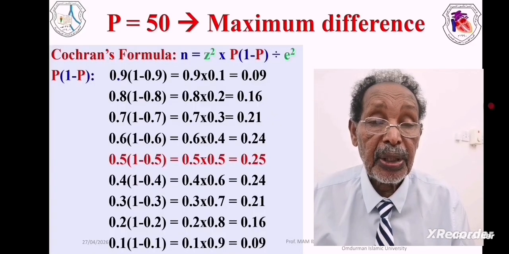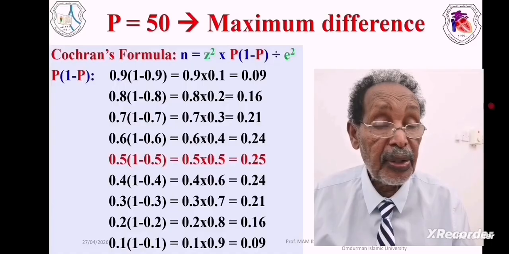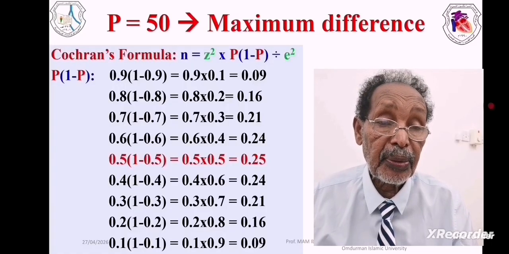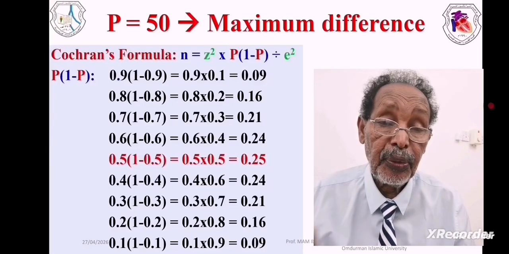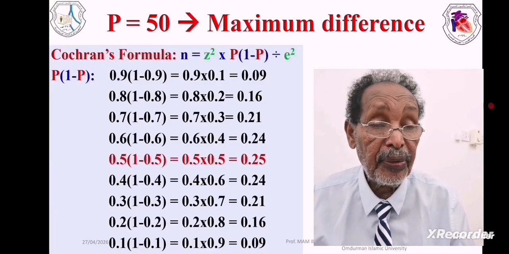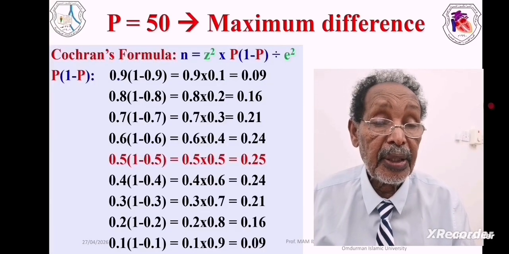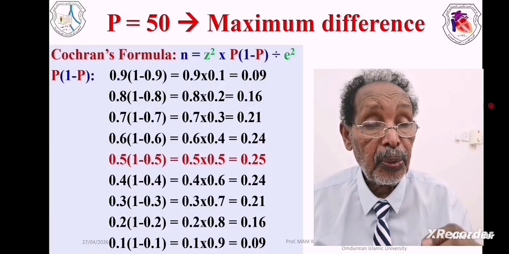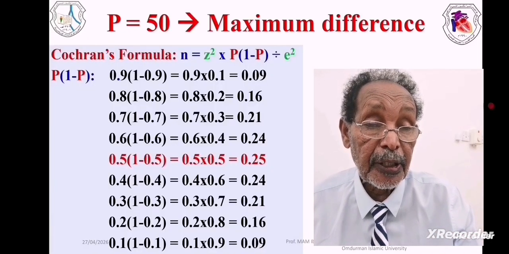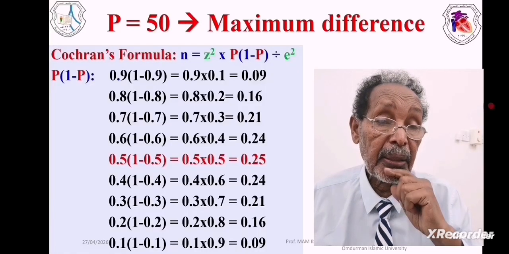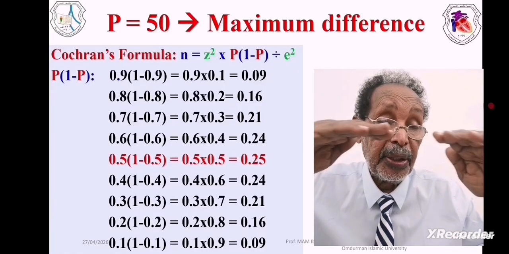If we use 0.6, that is 60%, the result will be 0.24. If we use 0.5, that is 50%, the result will be 0.25. It is the biggest, up to now it is the biggest. It is the biggest number, and it is in the top, in the numerator.